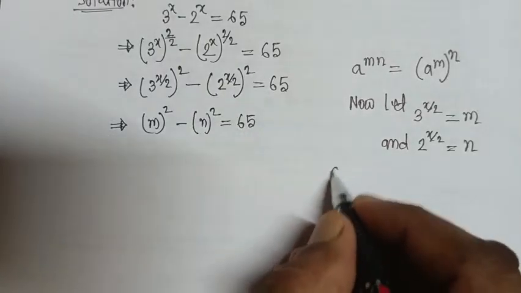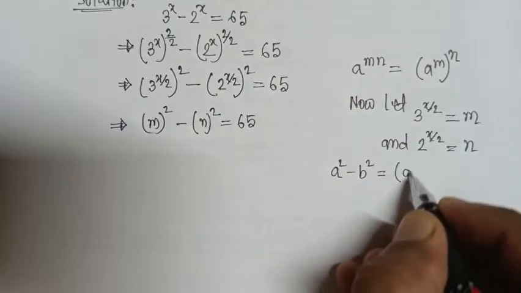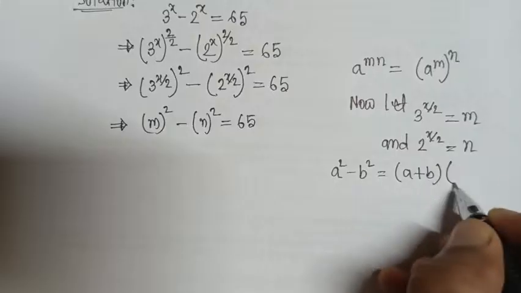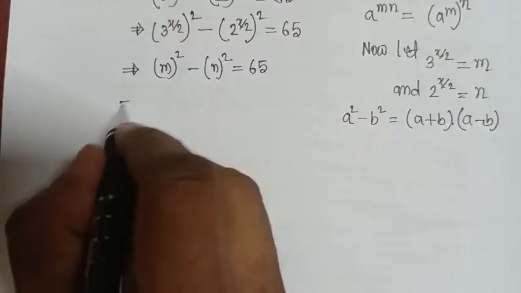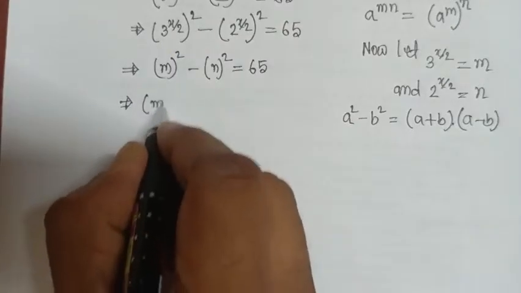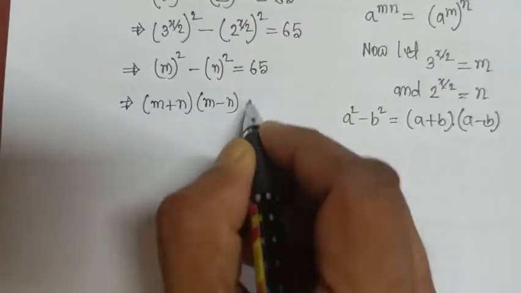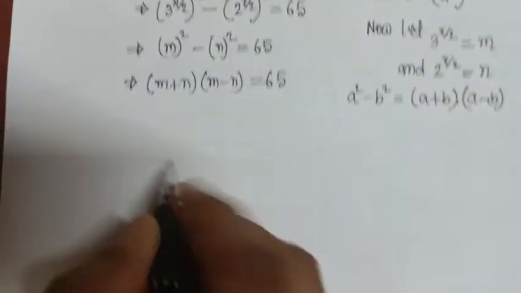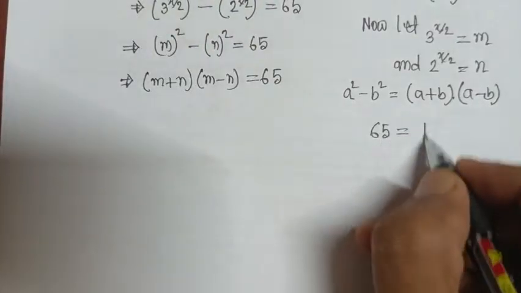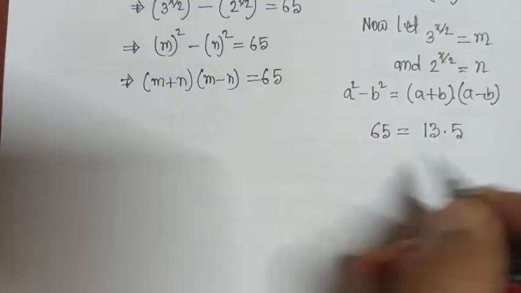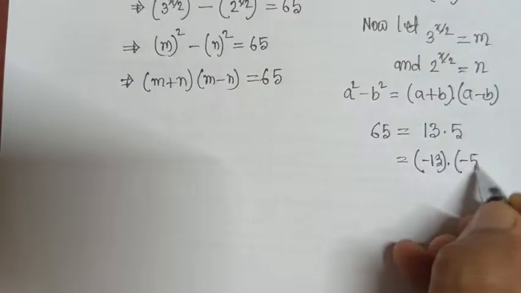Now we know a square minus b square is equal to (a plus b) into (a minus b). Now we are going to apply the same here, so it becomes (m plus n) into (m minus n) is equal to 65. So the 65 you can split like 13 into 5 or minus 13 into minus 5.